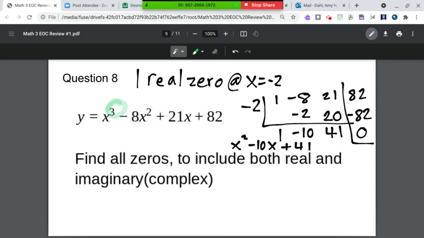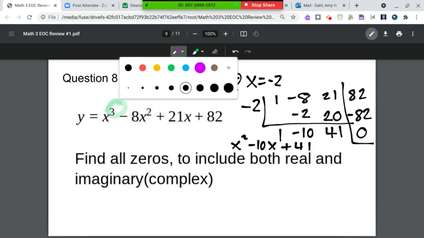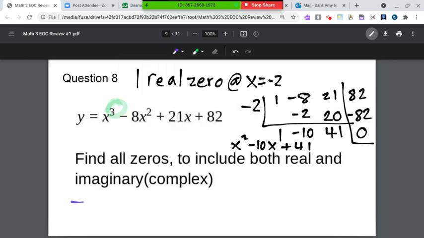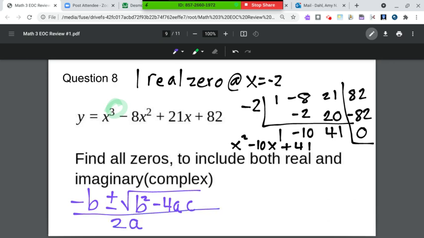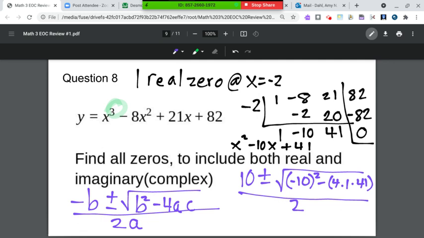To find the zeros, I have to then use the quadratic formula. The quadratic formula is opposite b plus or minus the square root of b squared minus 4ac all over 2a. Opposite b plus or minus the square root of b squared minus 4 times a times c all over 2 times 1.